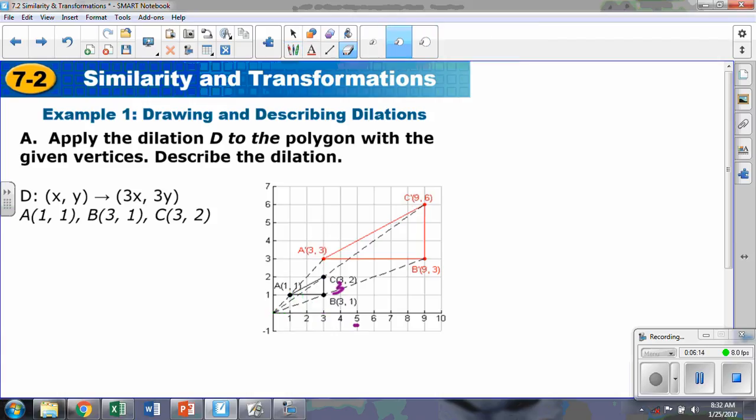If we were looking at here, this one, 3 and 2, 3 times 3 would give you 9. 2 times 3 is 6. We can see that these gaps are actually following the scale factor.